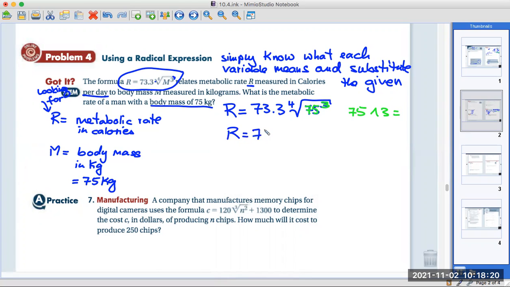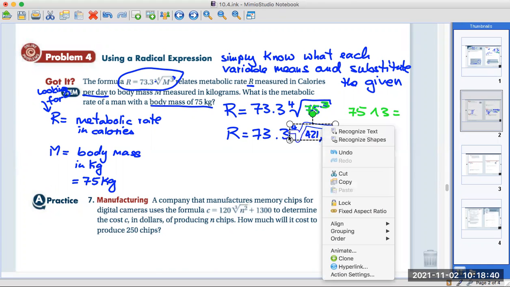I'll do one thing at a time. The 4th root of 75 to the power of 3 is 421,875. Make sure you pull your radical all the way to the end. Okay, no sloppy radicals.